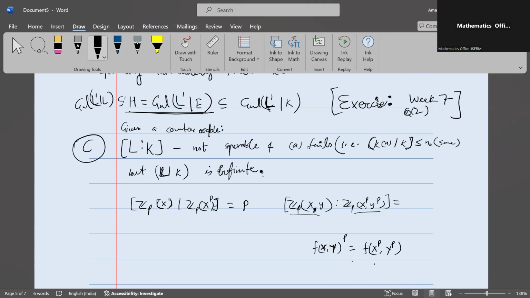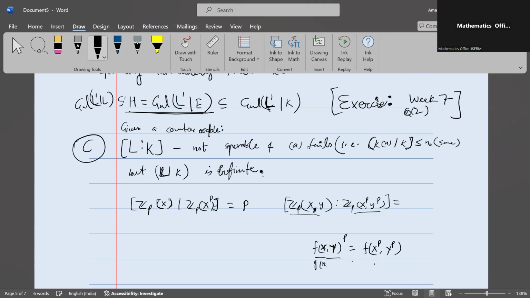Why is this so? This is just because Zp is a characteristic p field, and if you expand this, only the coefficients of f appear, and the cross terms, the different terms inside f, they become zero because they are multiples in the binomial expansion. So this is how it is.